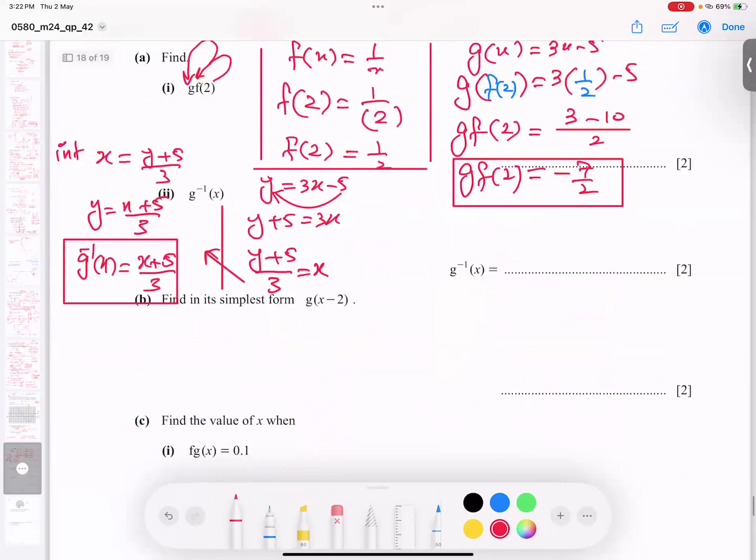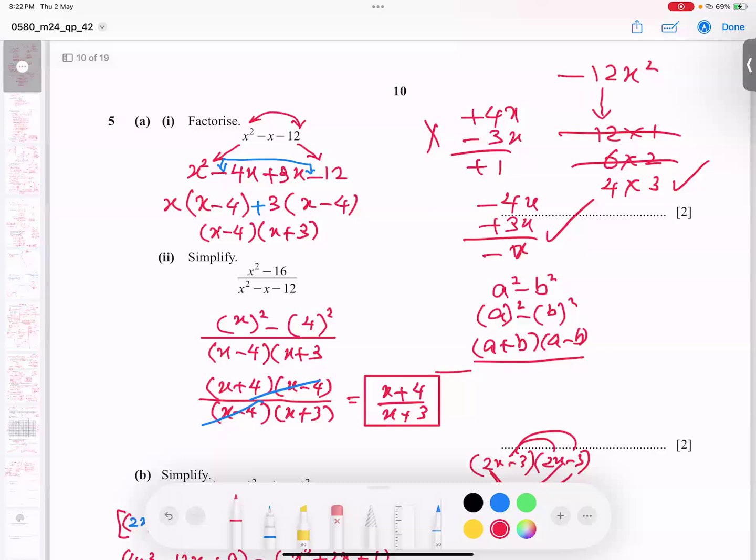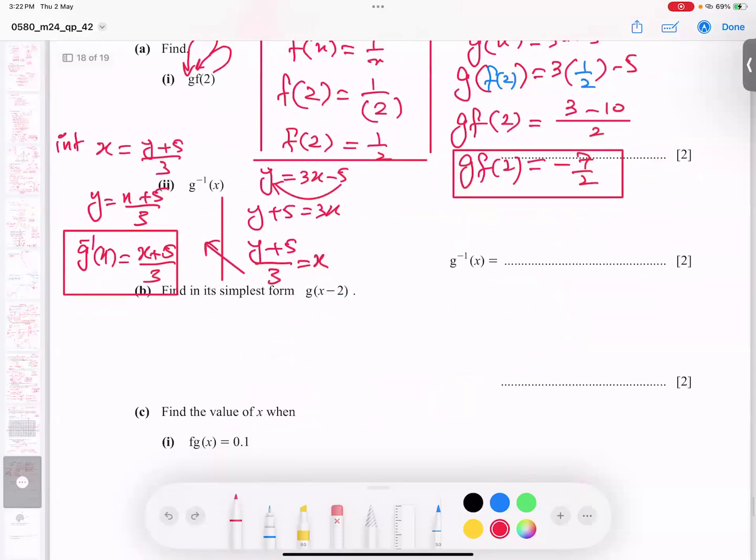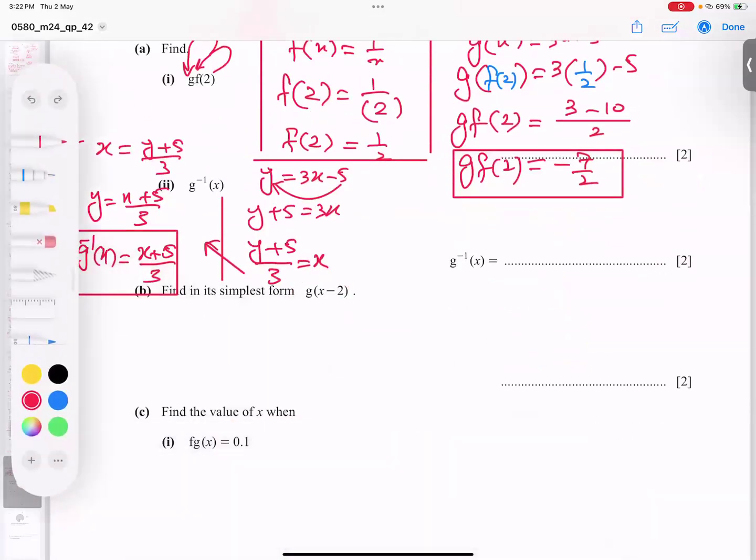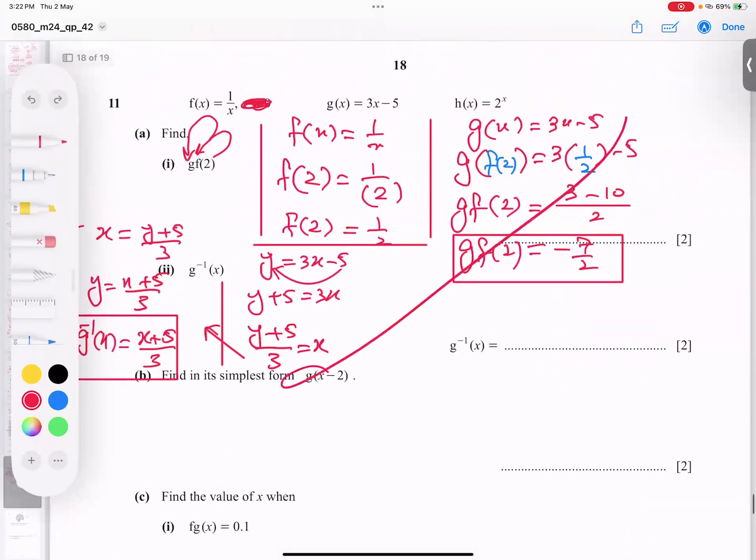Okay, students, let's go for the next. Find its simplest form for this. First of all, as usual, I will copy the G function. And the G function, you know this one. This copying of the function is a very good technique, and in this way, the chance of mistake reduces.